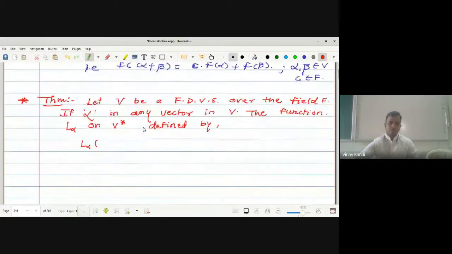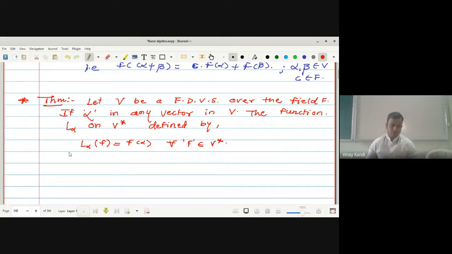Now, if alpha is any vector in V, then the function L alpha on V star is defined by L alpha of f. Because in V star we have the collection of all linear functionals on V, that is f1, f2 and so on. It is defined by L alpha of f is equal to f of alpha, for all linear functionals f belonging to our domain. What is the domain? V star.